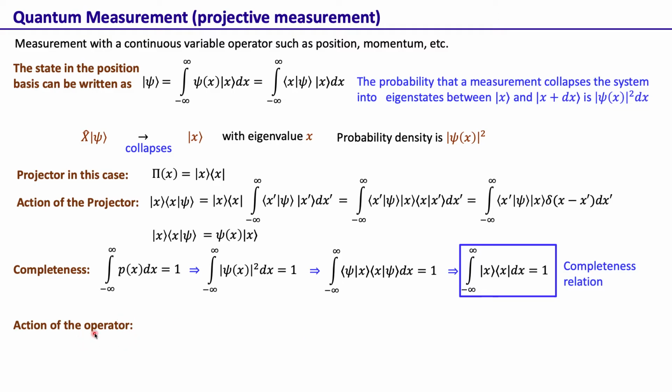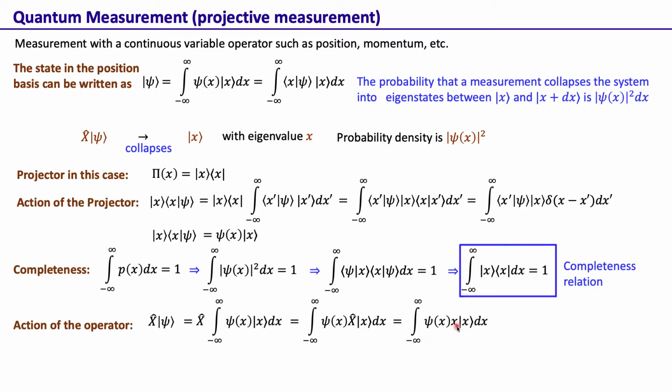Okay, now we can write again the action of the operator x on psi, and that we write as the integral of x psi(x) |x> dx. We can bring this x inside because that's just a function, and the operator x acting on this ket just keeps this, since this is an eigenket, so it remains as is, and we get this eigenvalue out.